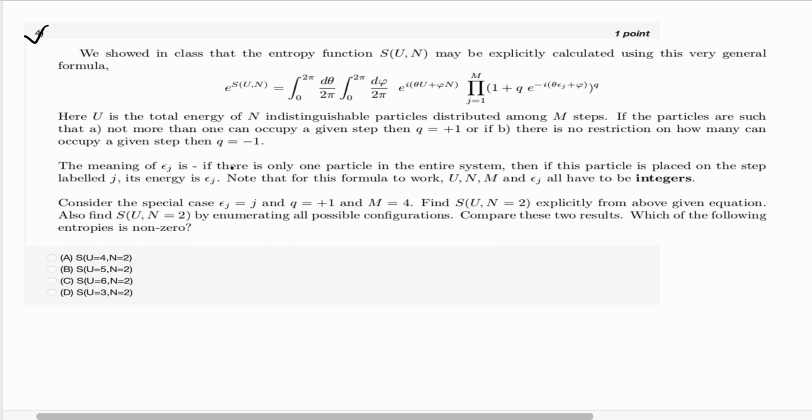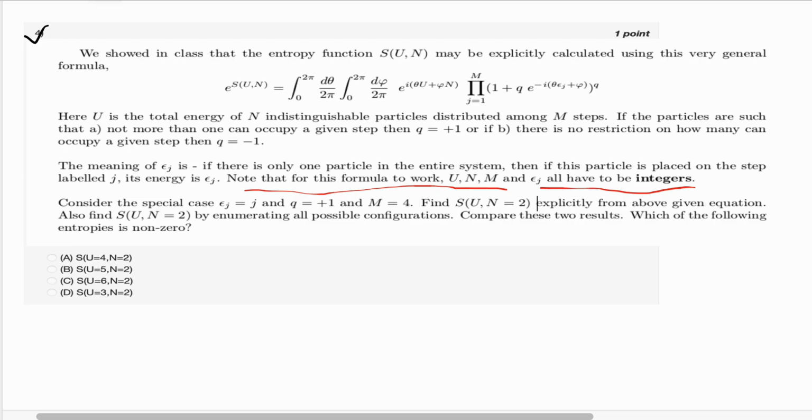The meaning of epsilon j is: if there is only one particle in the entire system and it is placed on step level j, its energy is epsilon j. Note that this formula works only if U, N, M and epsilon j are all integers; otherwise it will not work.